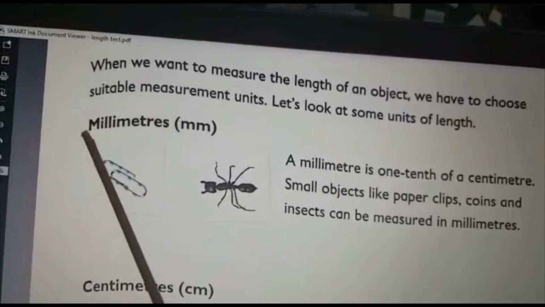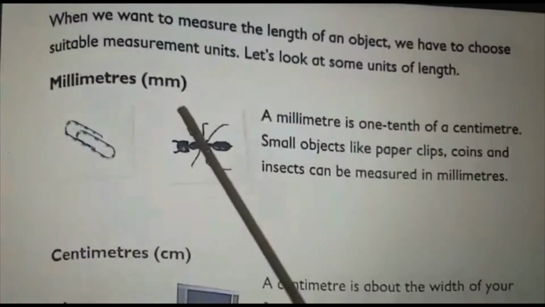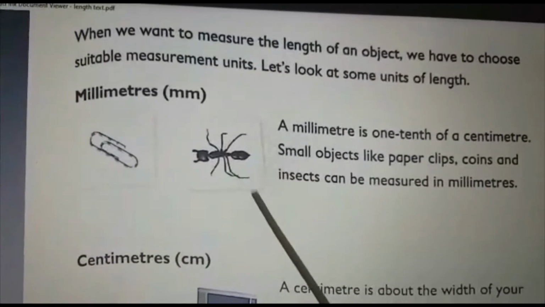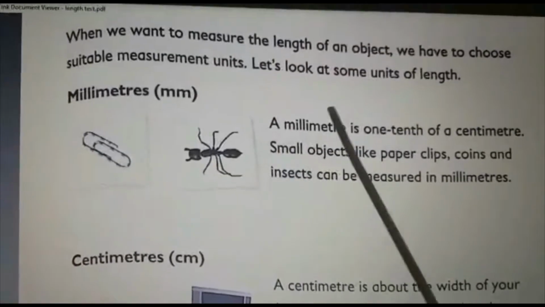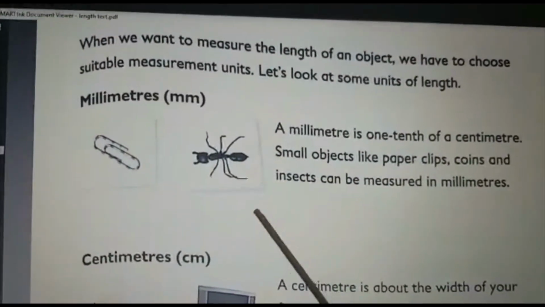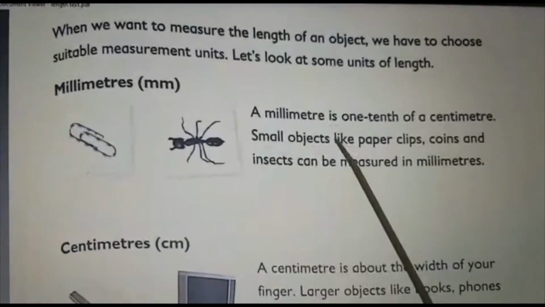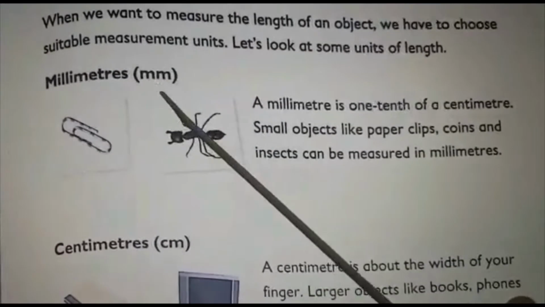If it is small, we will say millimeter. A paper clip is very small, right? Or even an ant. So if we want to measure the length of very small things like a paper clip, my nail or an eyelash, I can do it in millimeters because they are very small.